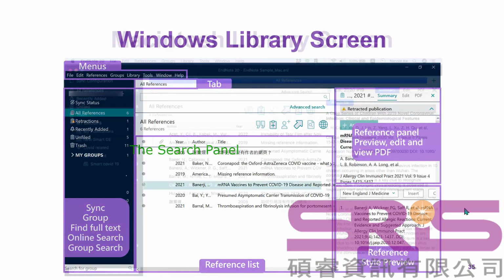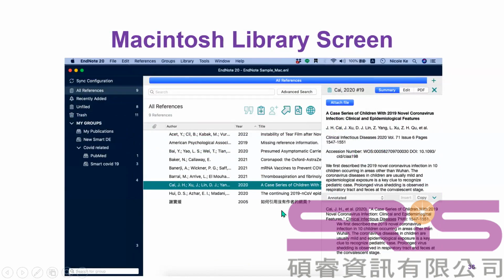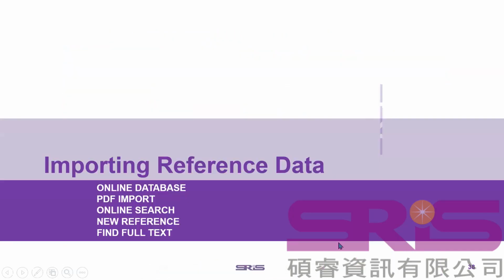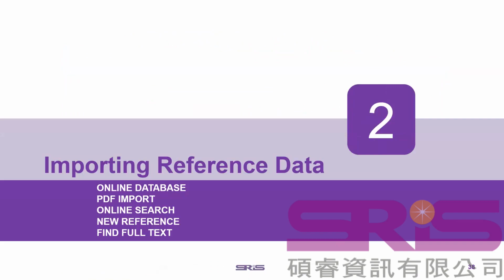If you change to the Macintosh screen, you will find it's very similar to the Windows version, so I just skipped this part. If you want to know the differences between Windows and Mac OS, I will give you a comparison at the end of the slides. You can check the slides.